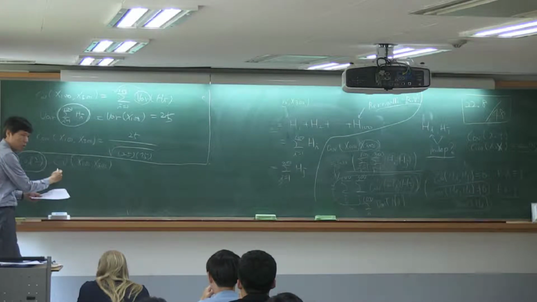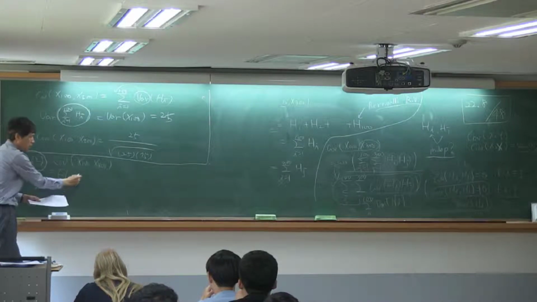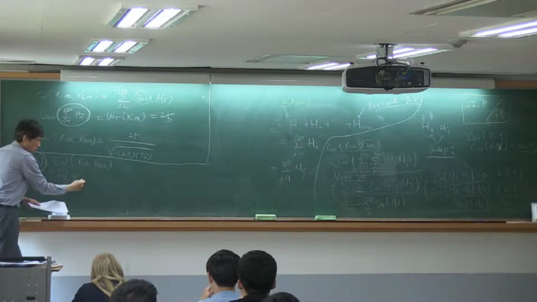You go this way with the definition, right? What is the definition of covariance? Expectation. X100 is one variable, X300 is another variable.